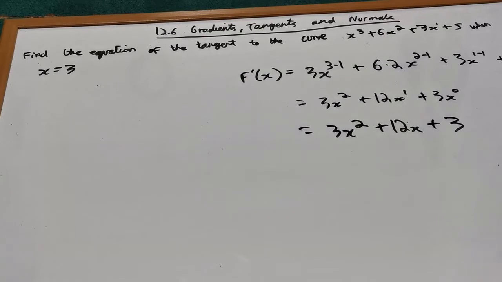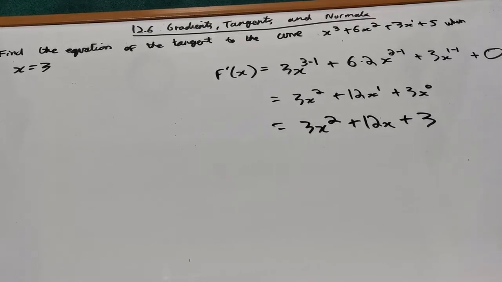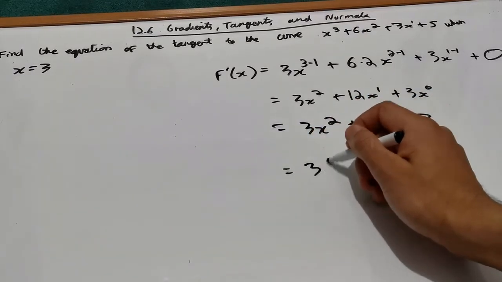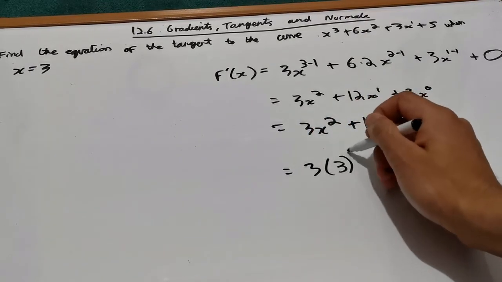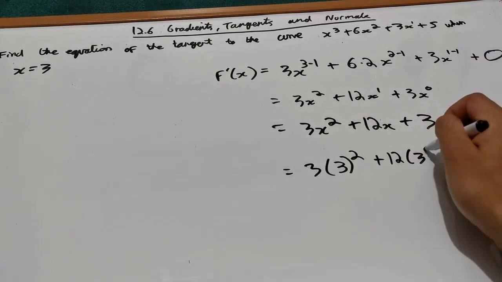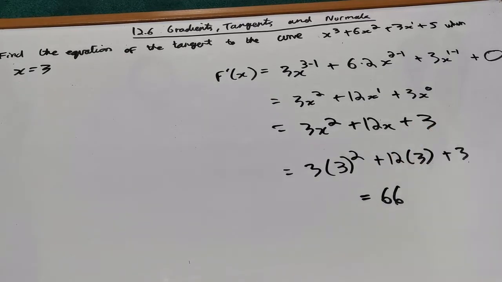And now that we have our gradient function, we know that if we just substitute in our x value, which is in this case 3, we will find the gradient of the tangent to the curve at the point 3. And this evaluates down to 66.